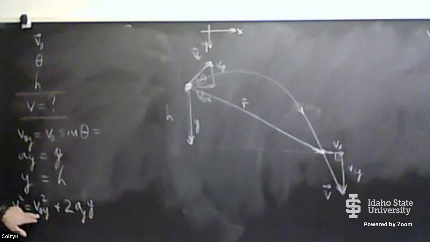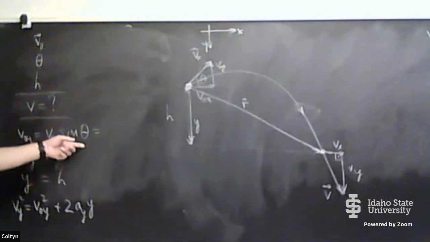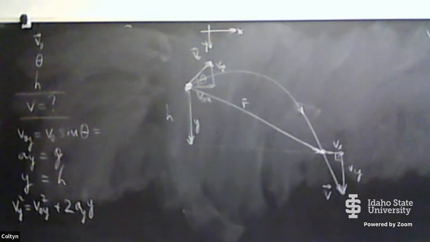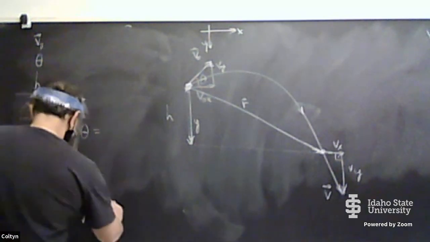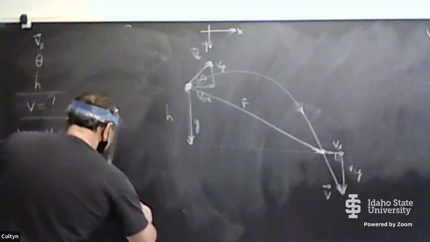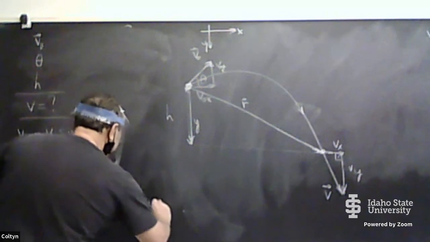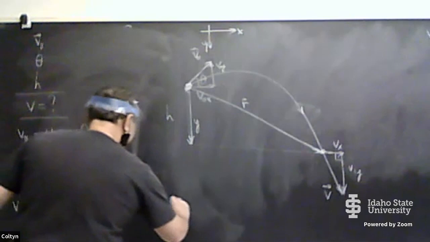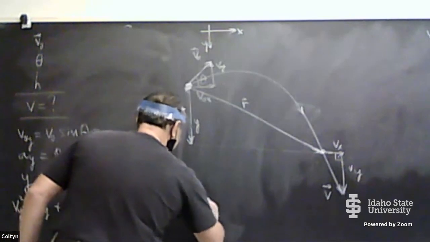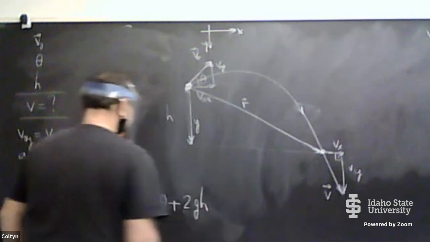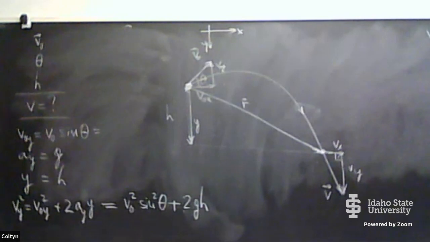Initial velocity y component is V naught times sine, this number. So you just have to add those two terms and you can get the value. So you're going to get something like this: V naught squared sine squared of theta plus 2 times g times the height h. This is the square of the final velocity y component.